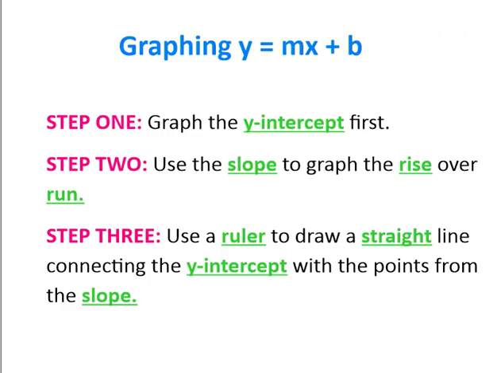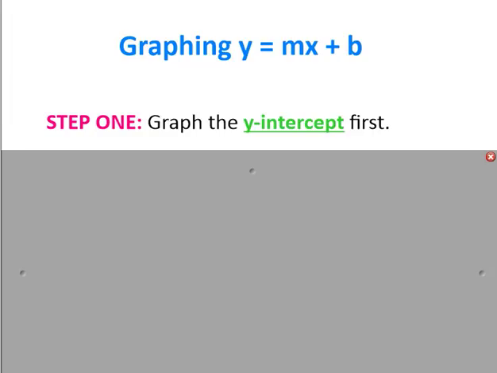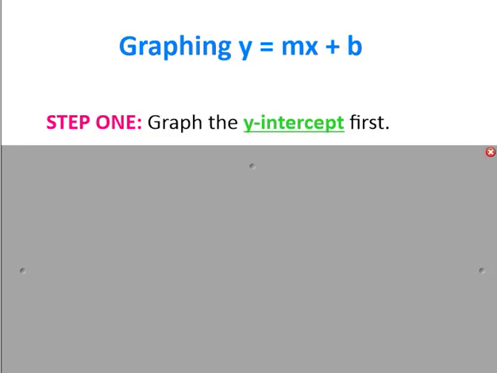All right, now that we have the basics down, we're able to pull out the slope and the y-intercept, and we're able to put it back in. Now let's talk about how to actually graph it, okay? Step 1 is we know where the y-intercept is by this point. So we're going to first put a dot on the graph where the y-intercept is.